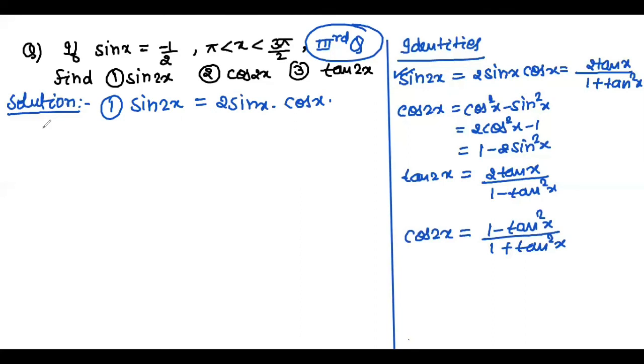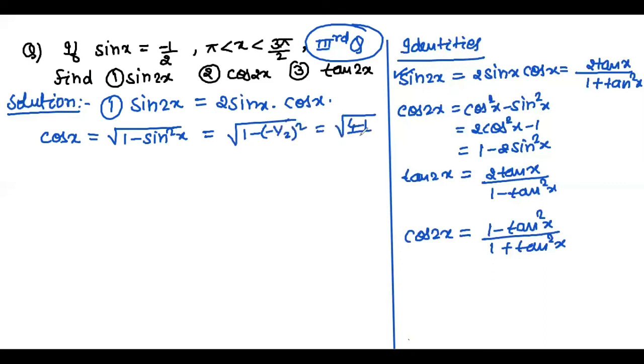Cos x we can write as root over 1 minus sin square x. So it is root over 1 minus 1 by 2 whole square, which we can write as root over 4 minus 1 by 4. So it is plus minus root 3 by 2.